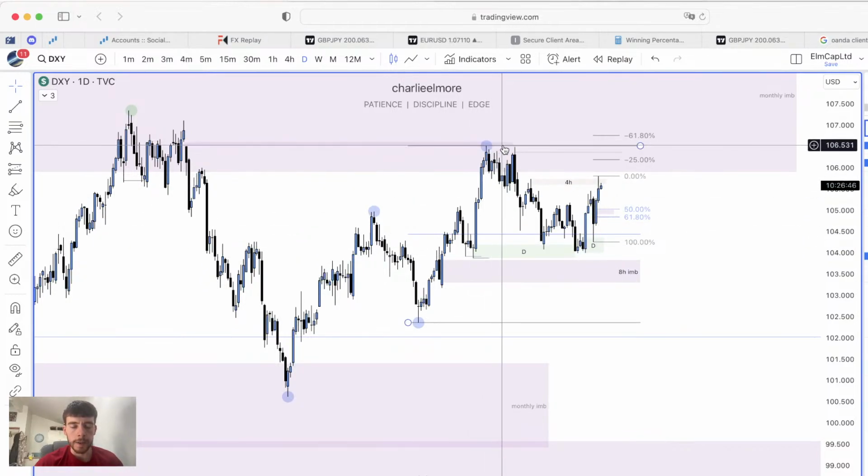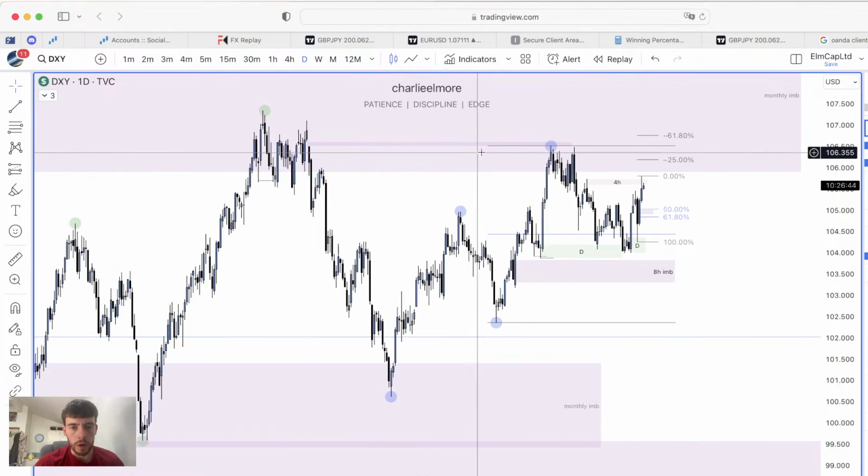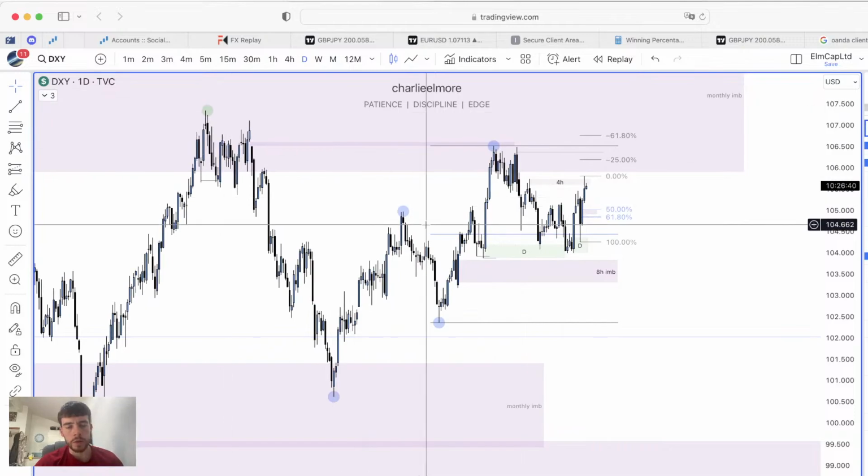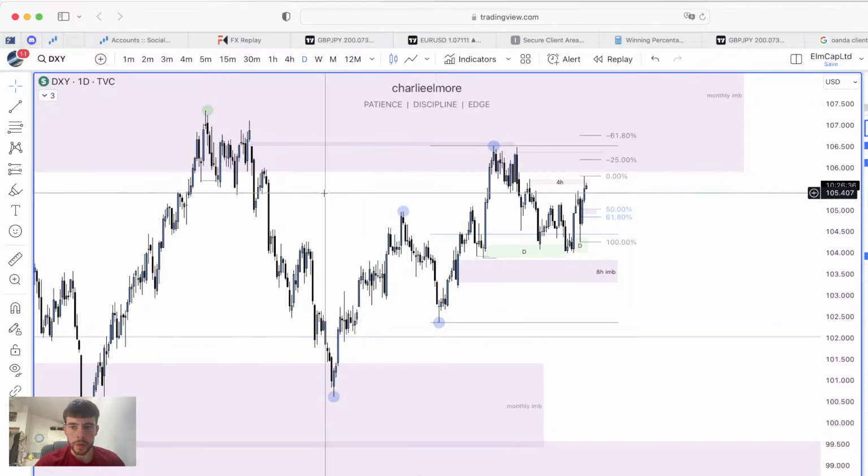Okay, and we've got relative equal highs, relative equal highs. So liquidity and liquidity right there. So that's the DXY.